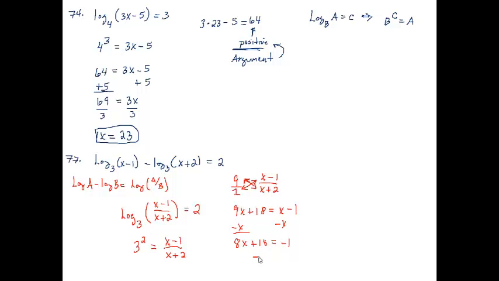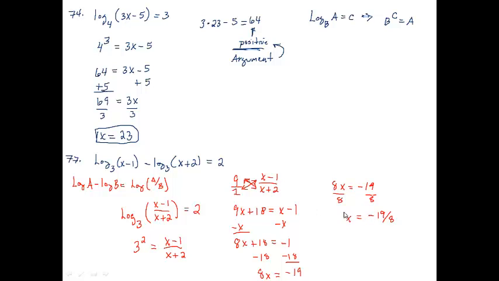Subtract 18 on both sides. And now you have 8x equals negative 19. Divide by 8. You have x equals negative 19 over 8.